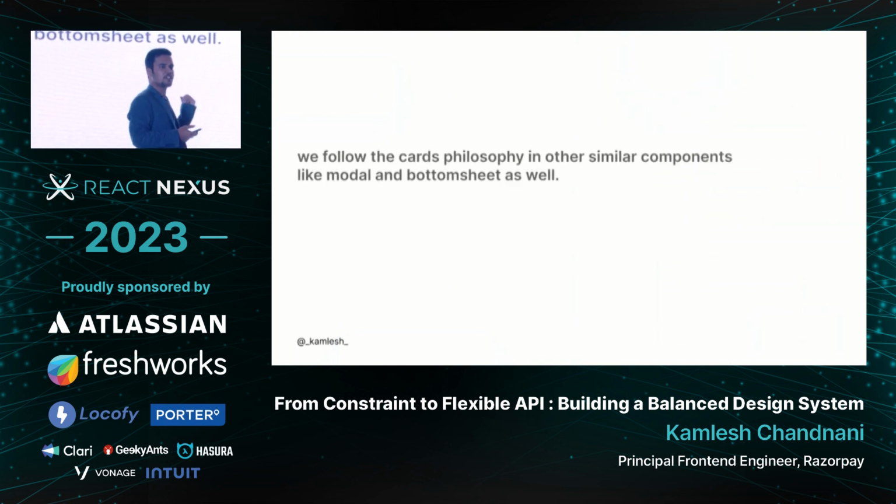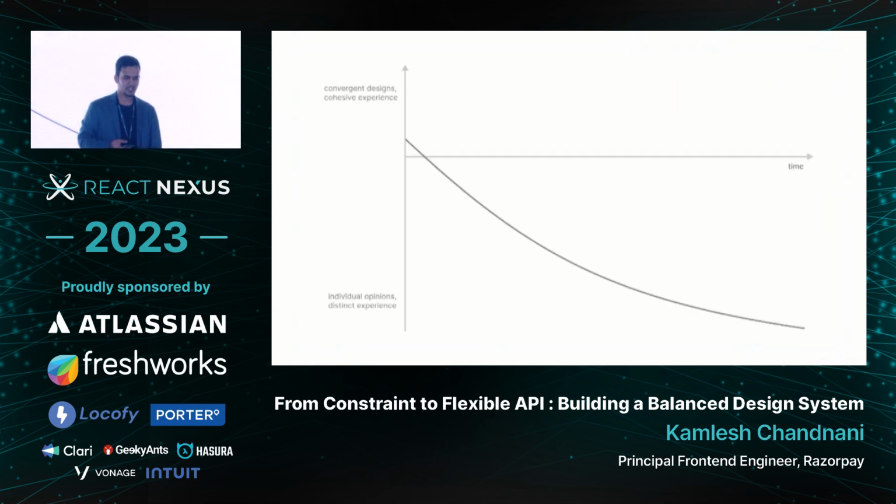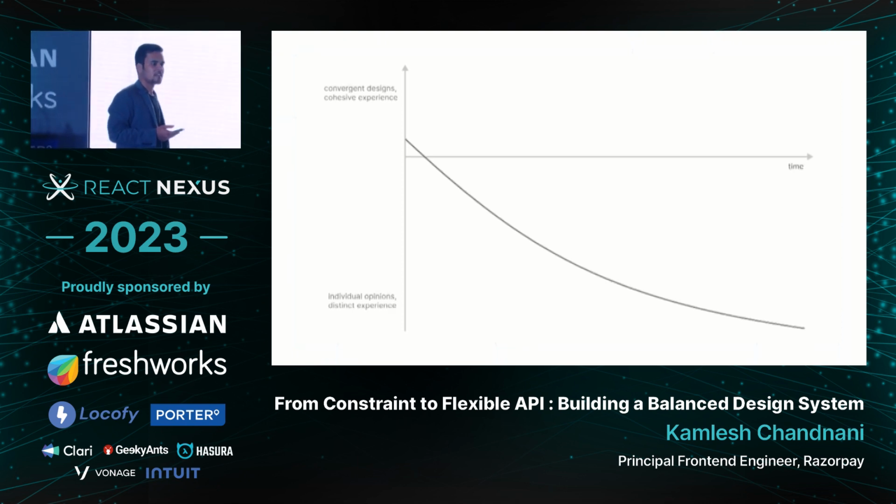And with this, because this kind of worked out for us, we followed the same philosophy in other similar components like modal, bottom sheets, drop down. So finally, coming to the wrap. This is where we were before our design system journey began, right?